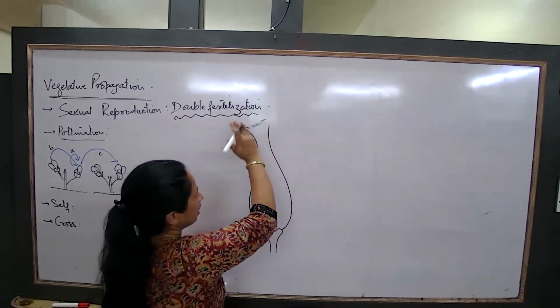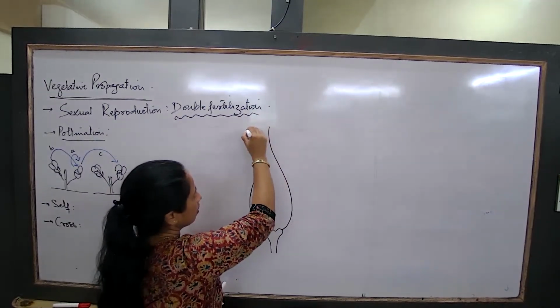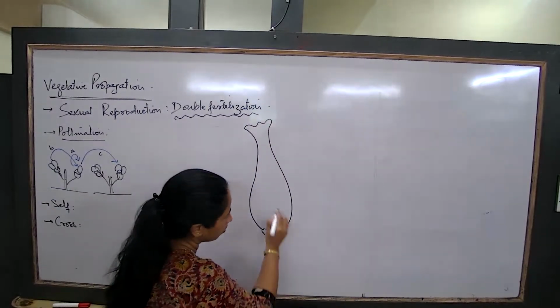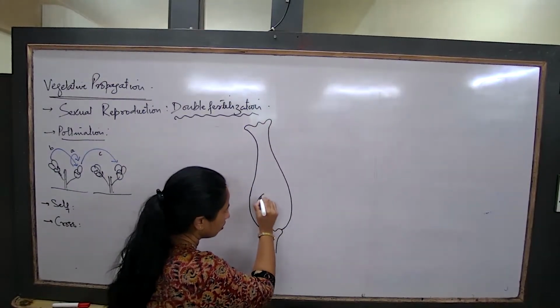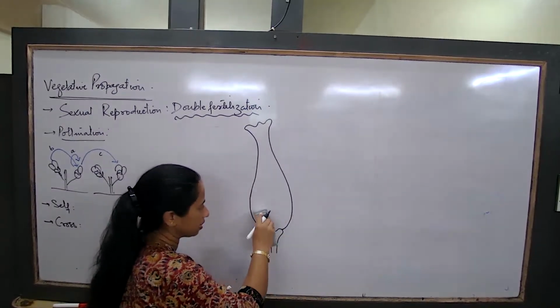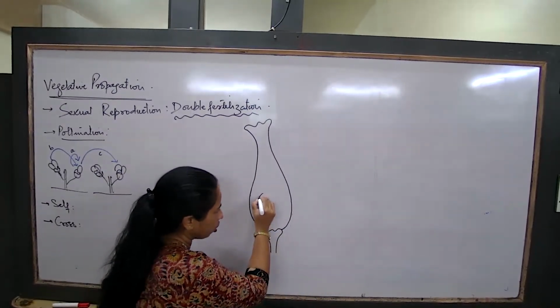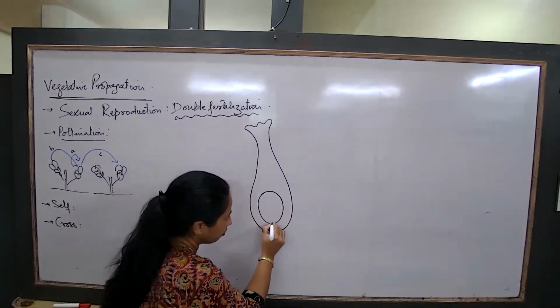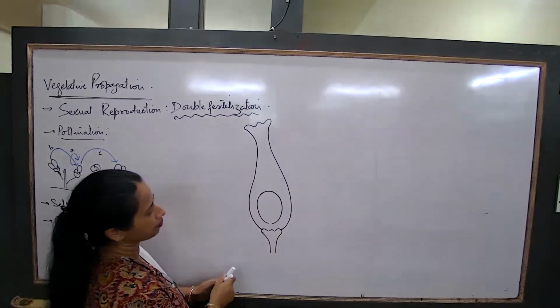Under cross-pollination, you will write that it gives rise to improved varieties of plants.